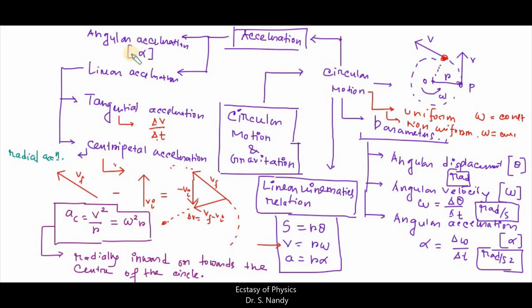The unit of angular acceleration is radian per second square, which we defined earlier. The unit of linear acceleration is meter per second square. So the tangential acceleration is also meter per second square, and the centripetal acceleration is also meter per second square.